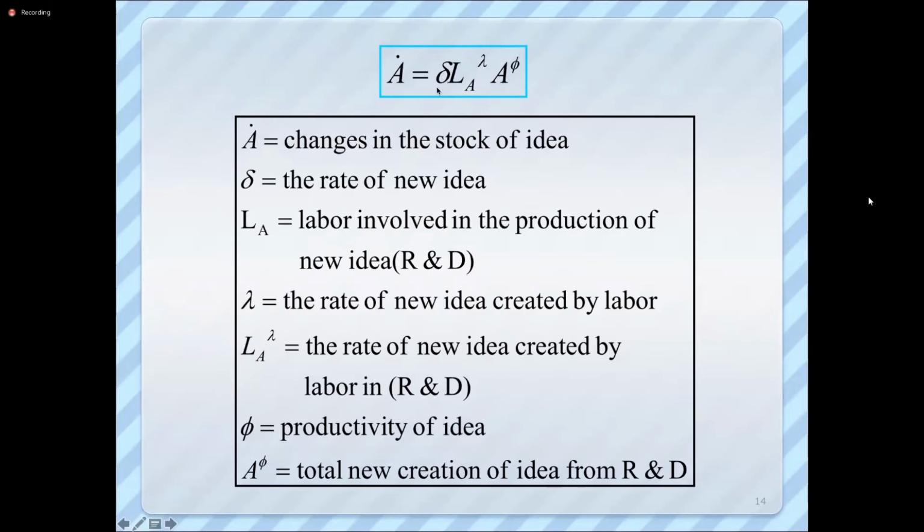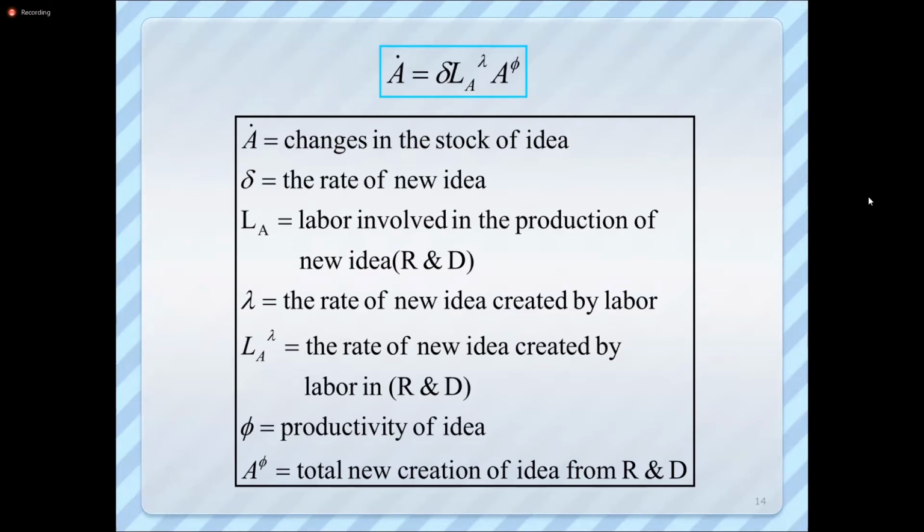Then what is this delta? Delta means how fast you can come up with new ideas, which contributes to this A to the power of P. What is this P? Productivity, whether there are increasing returns, decreasing returns, or constant returns. So you find that all these are the important variables that determine the production of ideas at one particular time, right?